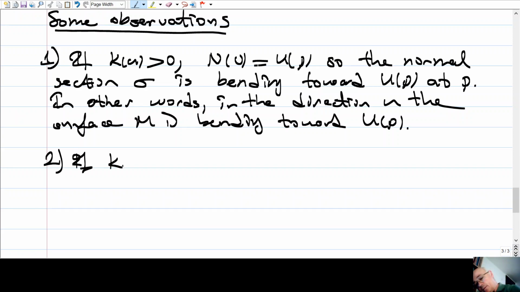If this time the normal curvature is negative, then the normal must be the negative of the normal vector.